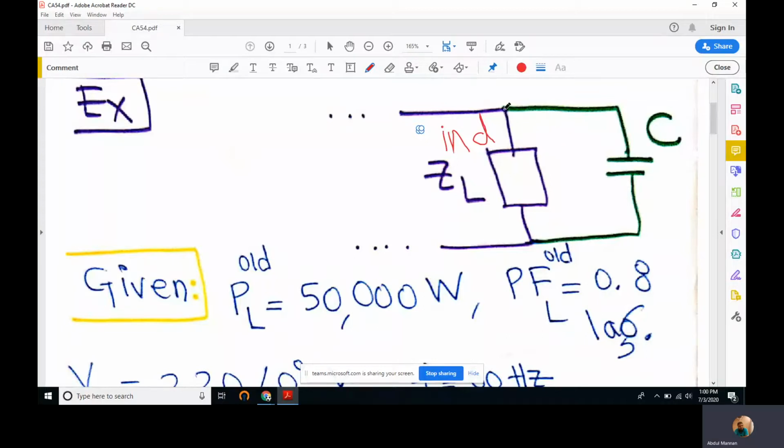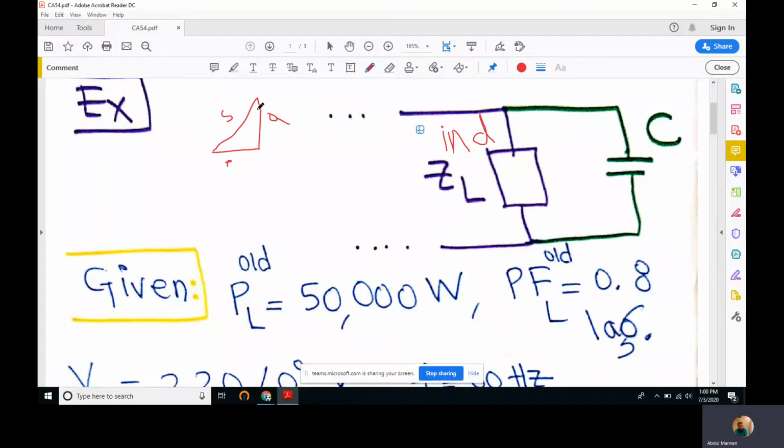One such technique is that we introduce a capacitor, and we know that a capacitor introduces a negative Q. In the last lectures, we studied that in a power triangle, we have this P, this Q, and this S. So this Q is positive because the load is inductive.